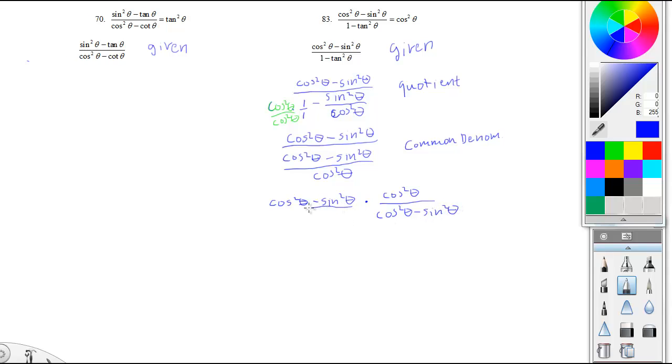And this can be over 1. So this whole factor cancels. And all that's left is cosine squared. So I'm done. This was just simplify, and this was simplify.